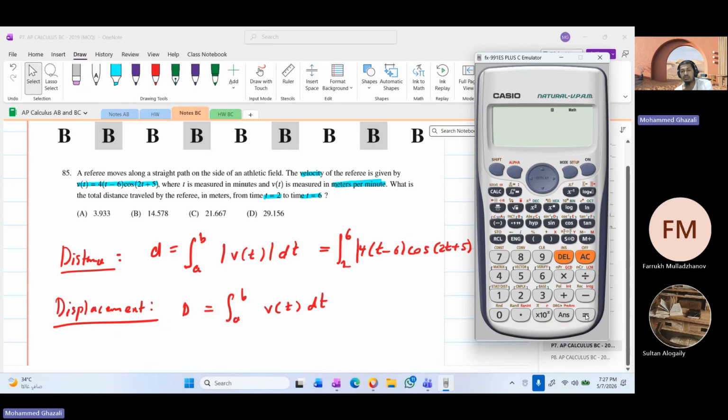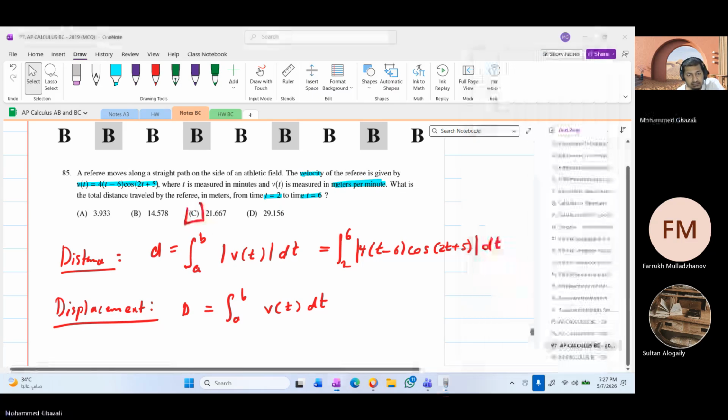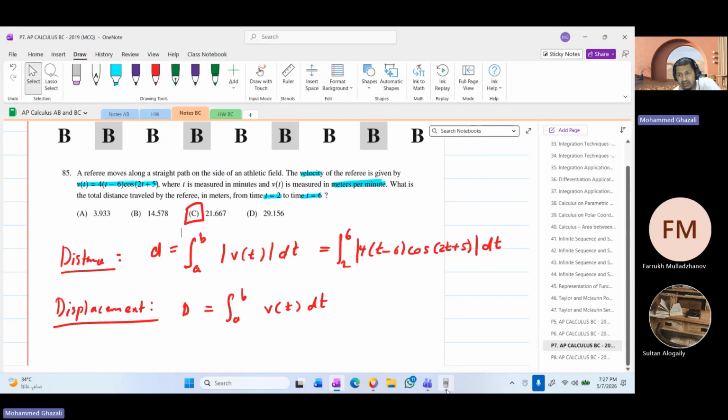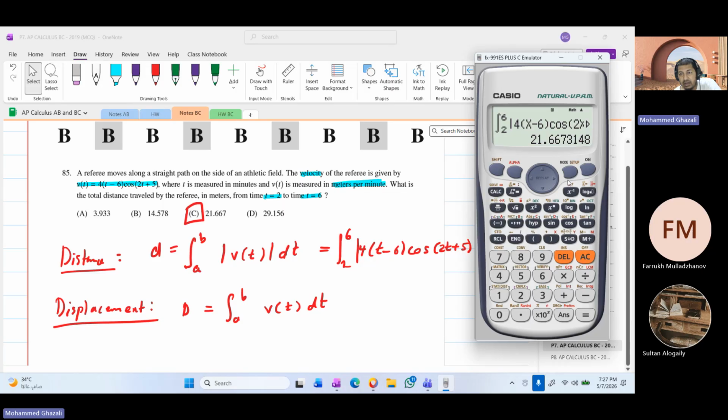Why is it taking so long to compute? 21.667. See? Nice. All right, so straightforward. Make sure you have a calculator like this with the absolute value, please. Now, imagine if I took out the absolute value, what's going to happen? Then you're going to get a wrong answer, obviously.